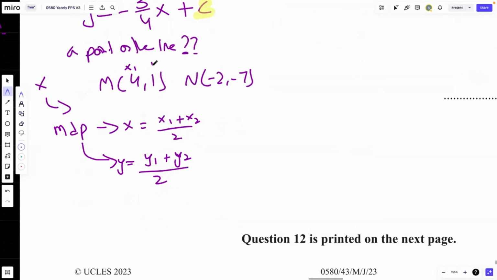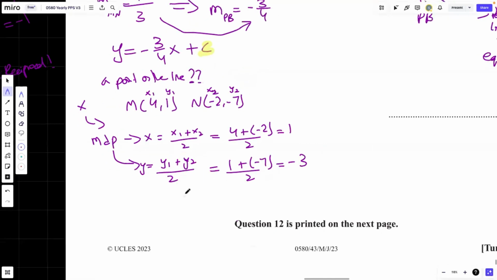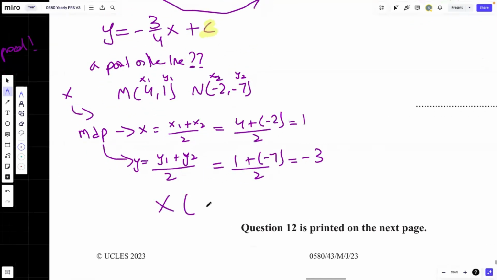So we get x to be 4 plus -2 divided by 2, that's 2 over 2, which is 1. And for the y coordinate, that's 1 plus -7 divided by 2, so -6 divided by 2, which is -3. So the coordinates of X are 1, -3.